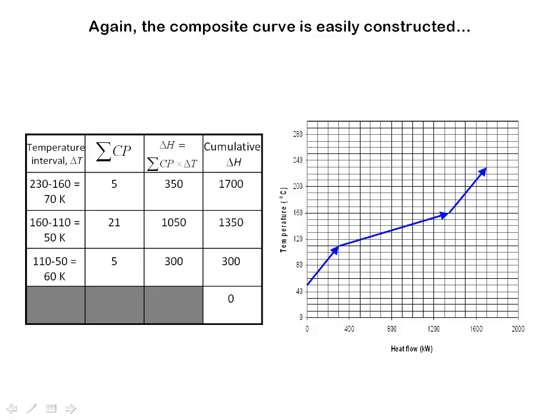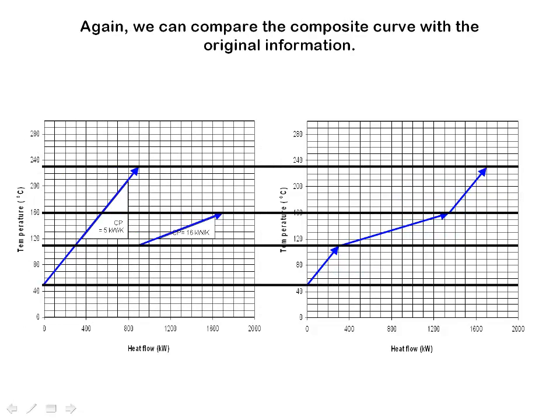And then by the time we get to 230 degrees C, we need the full amount, 1700 kilowatts. Once again, the slopes of the different parts of our curves are indicated by the sum of the flowing heat capacities. And once again we can compare with the original information to see where the information in our composite curve has come from.